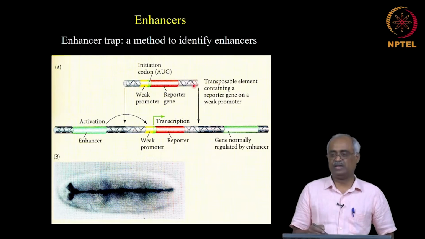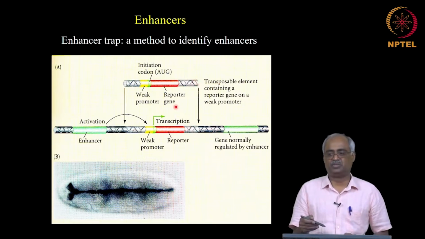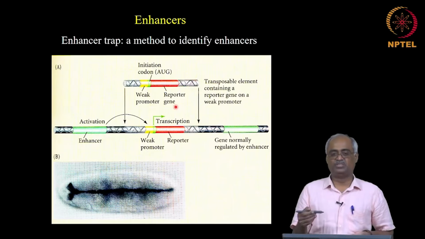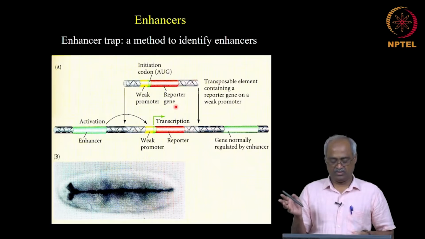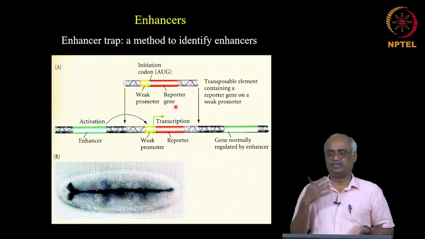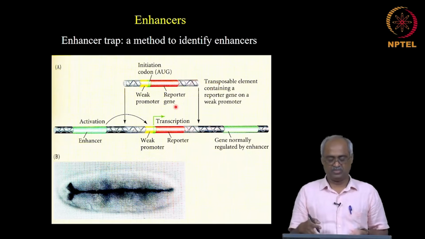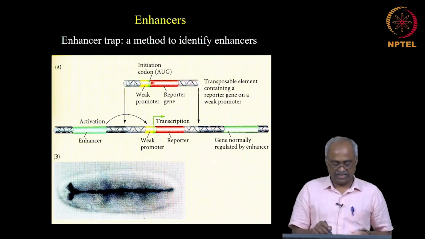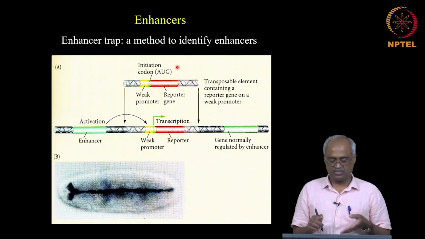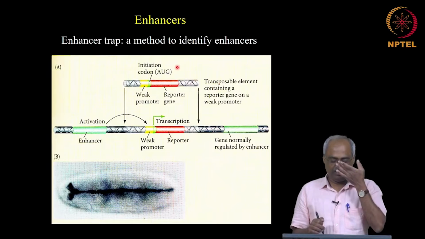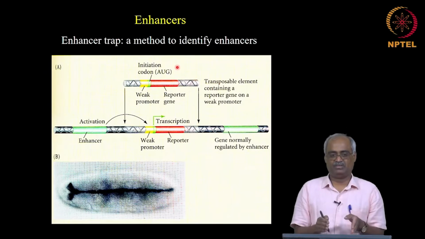This is useful in an organism where natural endogenous transposable elements exist and they hop on and hop out depending on the context, whether the transposable element is active or not. Depending on that they will move around the genome.